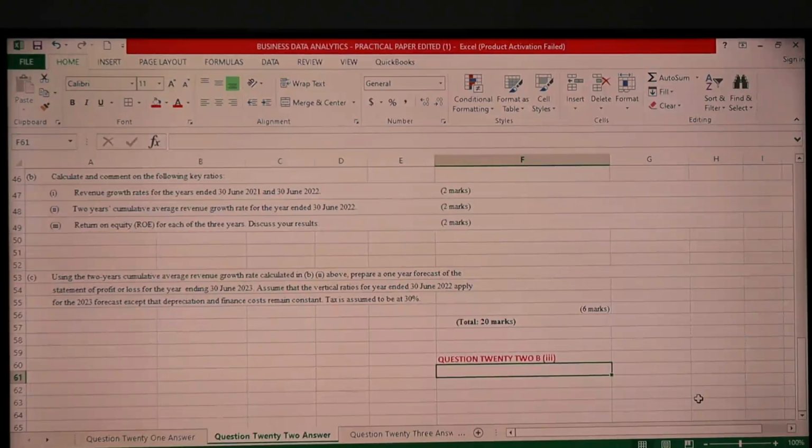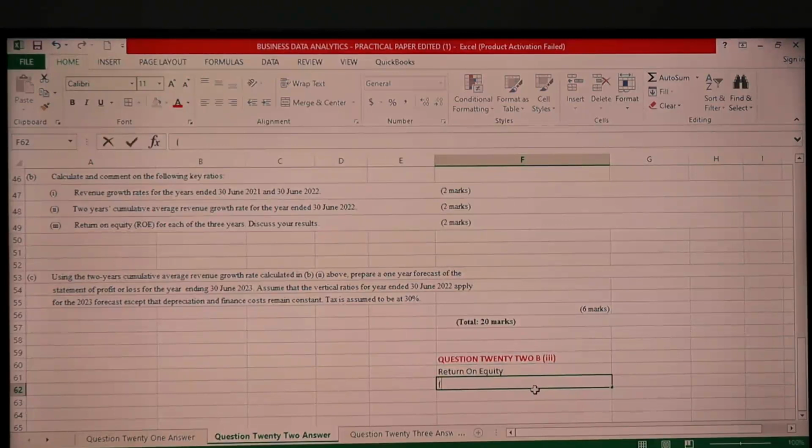So we'll type there the return on equity. Just like we did the previous one, return on equity. And actually, the simple formula for getting this, we can even indicate that simple formula here.